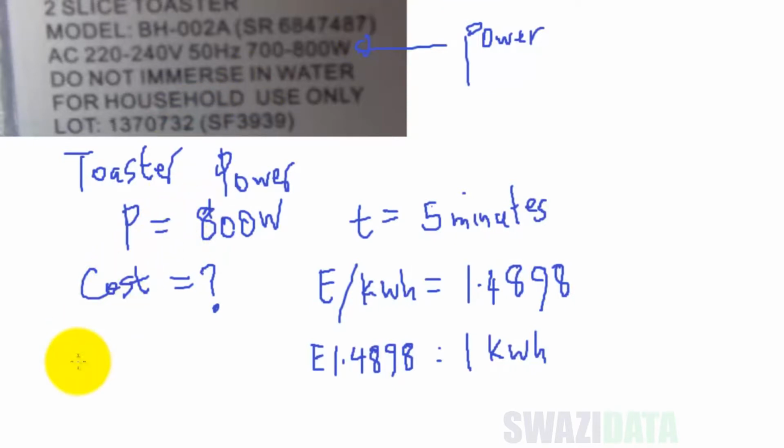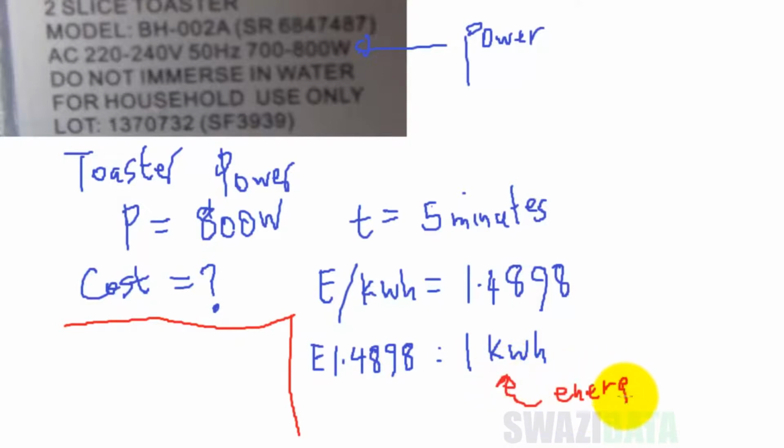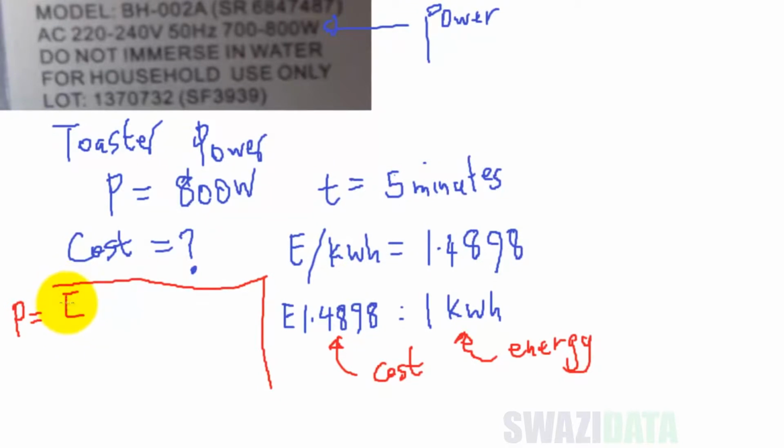Kilowatt hour is energy, not cost. Remember the definition of power: power is the rate of energy, so energy over time. Don't confuse this with cost.